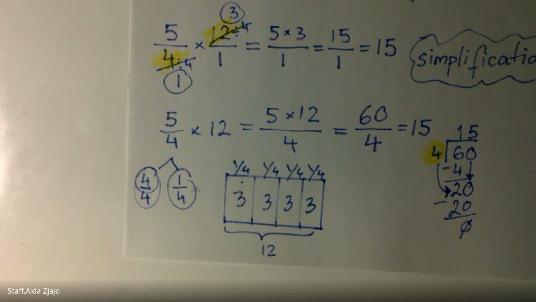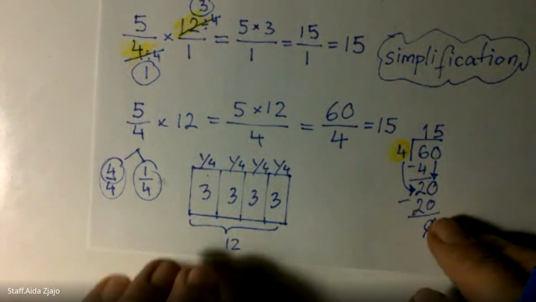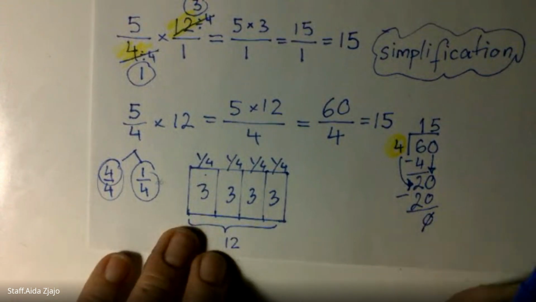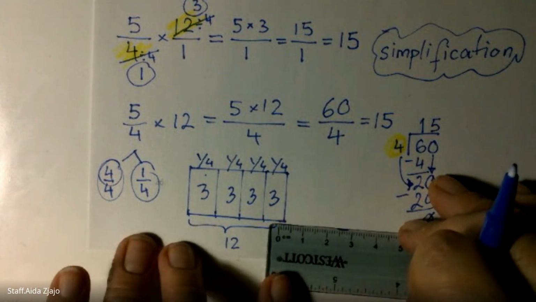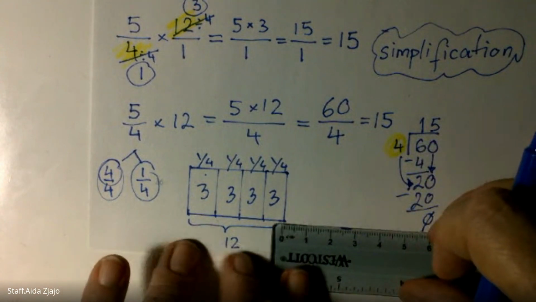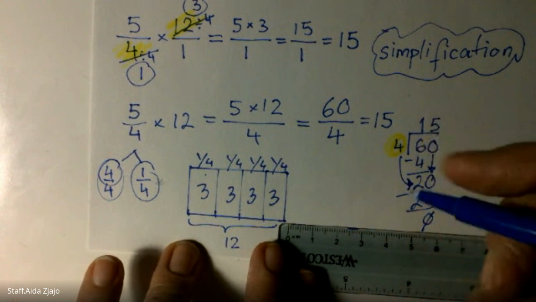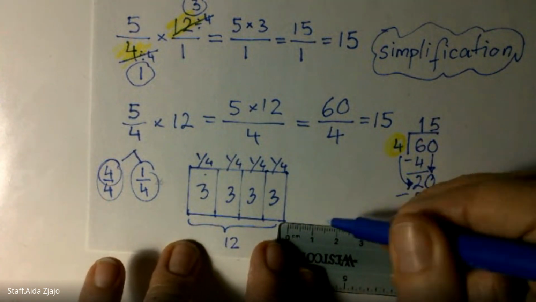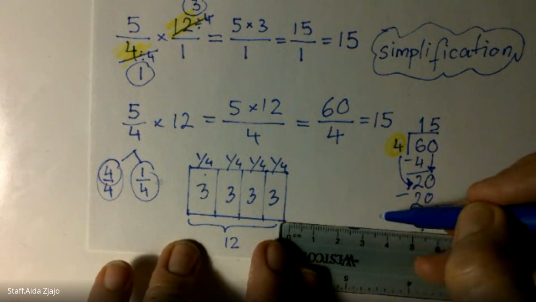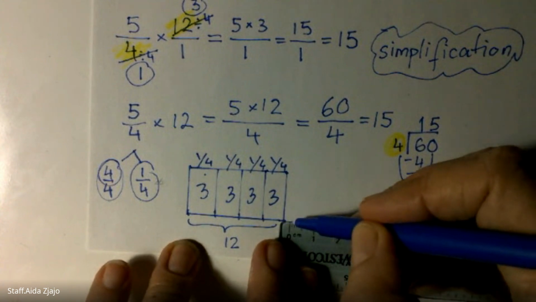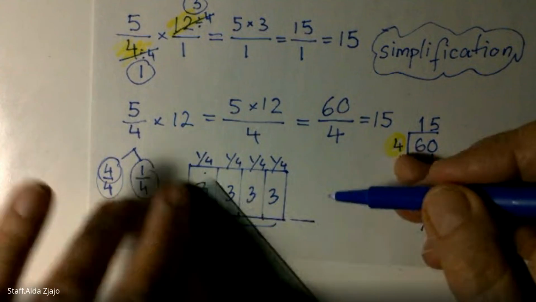So what that means is, for 5/4 of 12, we have another 1/4.